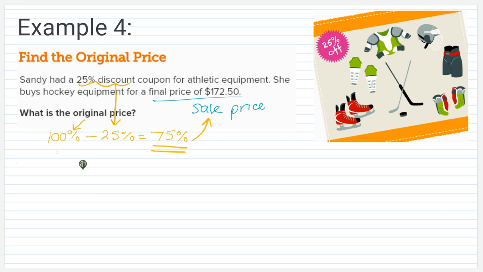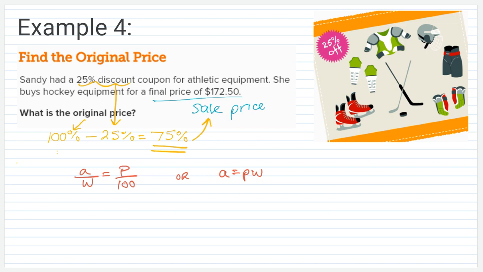So I can set up using an equation or proportion. So my proportion would be A over W equals the percent over 100, or if I use my equation, A equals P times W. Either way that you do this, you have to use the fact that you're paying 75% of the original price after the 25% discount, because your sale price, that final price that you paid, was 75% of the original price.